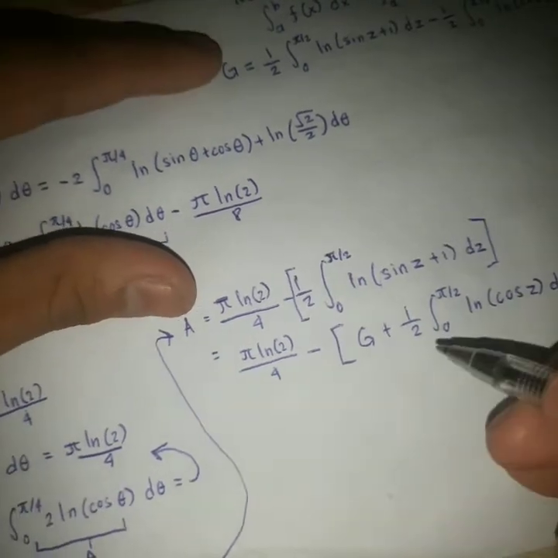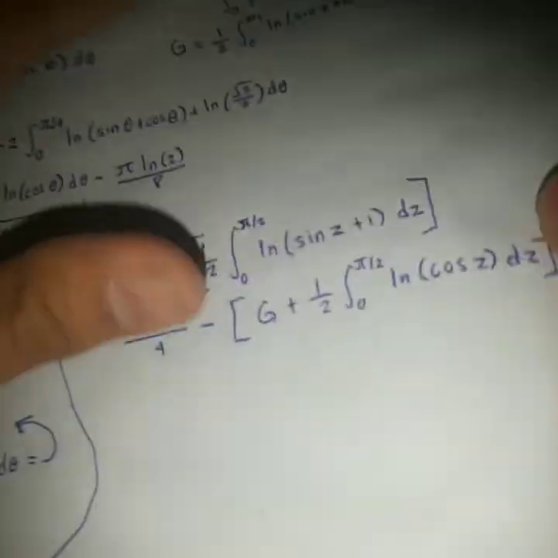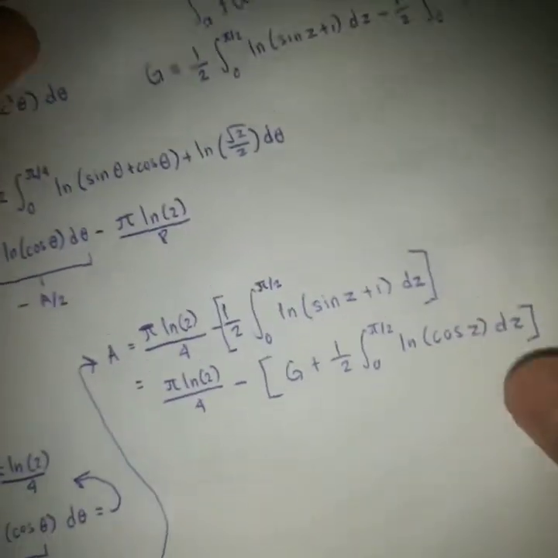So by focusing on this integral, we will be solving this on separate paper. So now we will consider a sub 1 as equal to 1/2 times the integral from 0 to pi over 2 of ln cosine z dz.